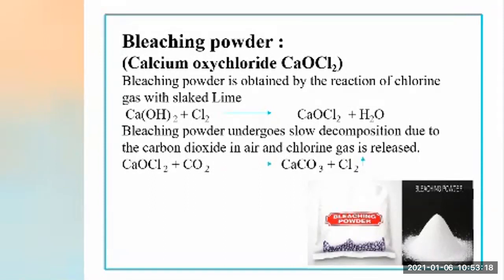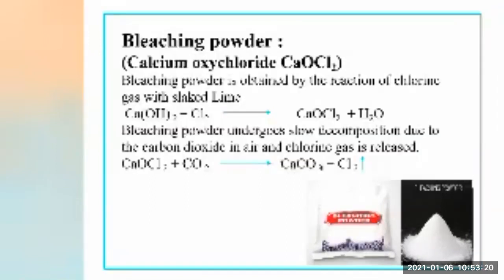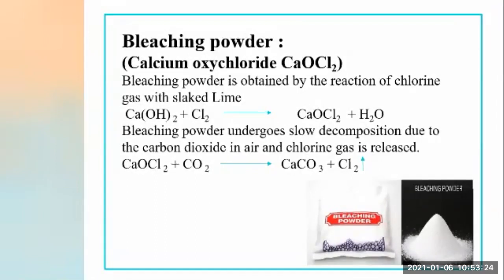We obtain CaOCl2, that is bleaching powder, plus H2O, that is water. See students, I have explained with the help of a chemical reaction. In this reaction, Ca(OH)2 plus Cl2 both react, and the product we obtain is CaOCl2, that is bleaching powder, plus H2O.